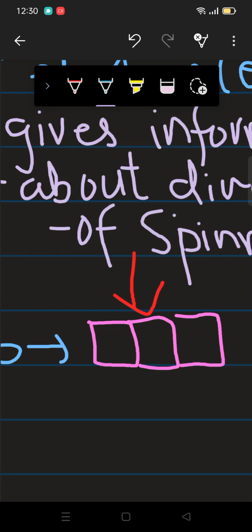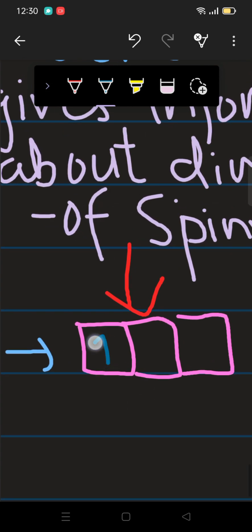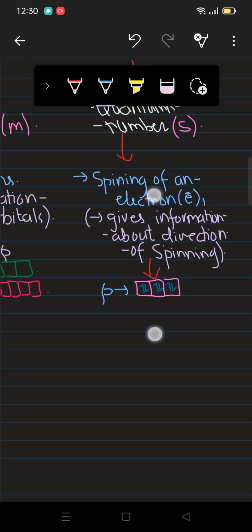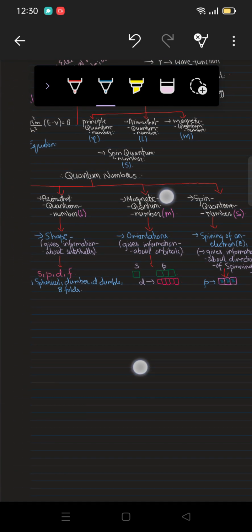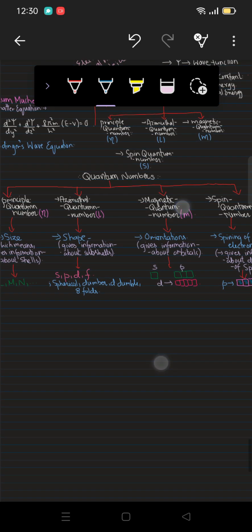But according to Hund's rule, we need to fill all the electrons with clockwise movement first, or you can fill them all with anti-clockwise movement first. Then you need to start filling the electrons again with the opposite spin, right? So this would be the spinning of the electron. We're going to discuss each and everything in very much detail in the next video. So this was all for today.